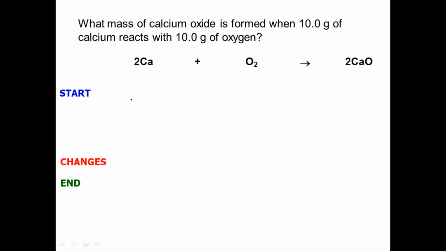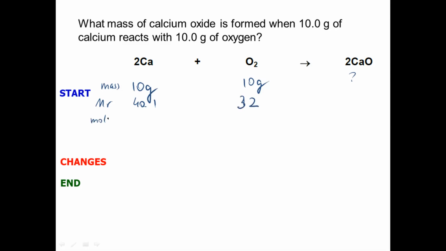Right, so what do we have? We have 10 grams of calcium, and we've got 10 grams of oxygen, right? And the mass in here is not worked out. So calcium is 40.1, and oxygen is 32.